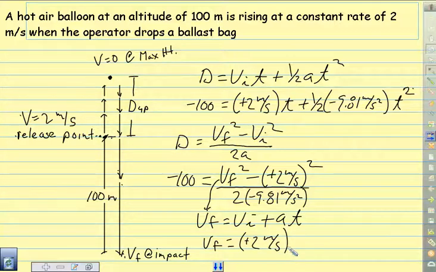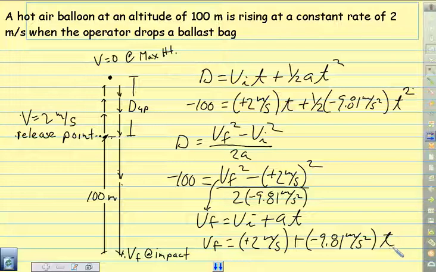V initial is given. And I can solve then for this time, which will be the total amount of time that the bag is in the air. And this saves us a lot of intermediary work. We don't have to find time.